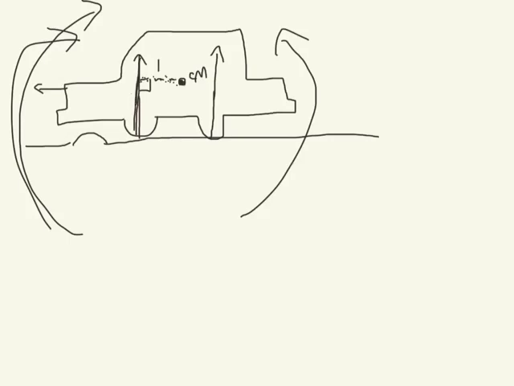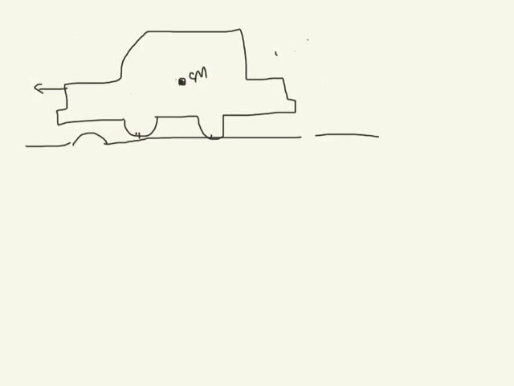So this distance here would be the moment arm of the torque applied by the front tire, and this distance here would be the moment arm of the torque applied by the back tire. And if the car isn't actually going to start spinning around this axis of rotation, this torque has to be of equal and opposite magnitude to this torque.